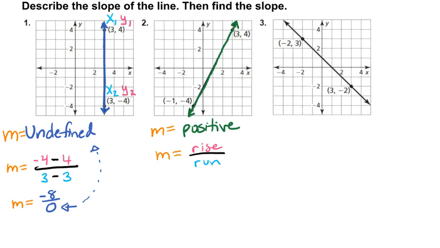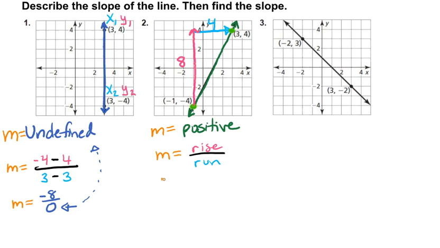So if we look at our graph, we have a couple points that have been given to us, right? This -1, -4, and this 3, 4. So we can say, how high do we have to go? How far do we rise to get there? And we see that we rise 1, 2, 3, 4, 5, 6, 7, 8 places. And we run to get over to our other point 1, 2, 3, 4 places.